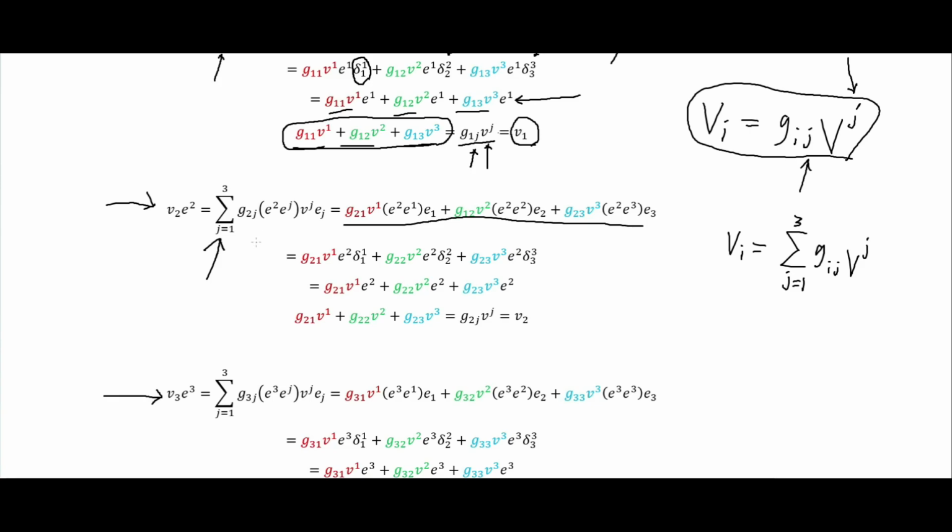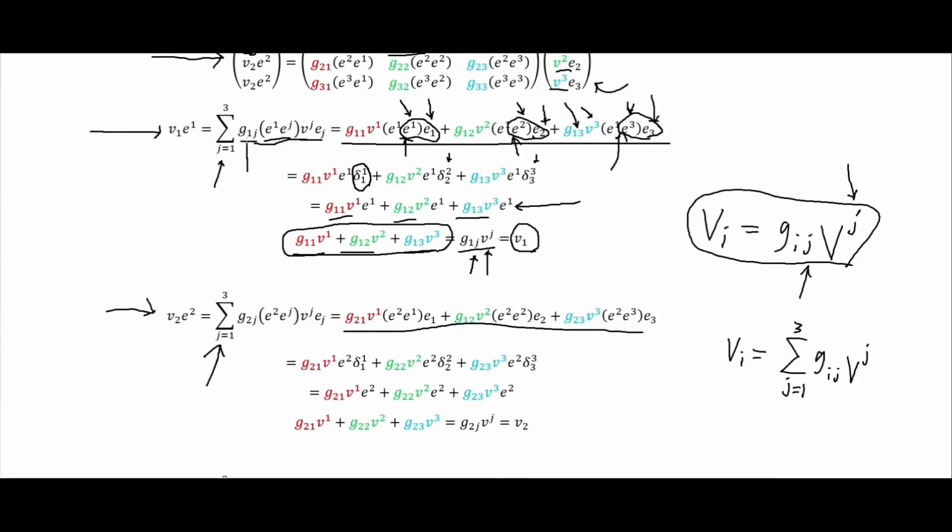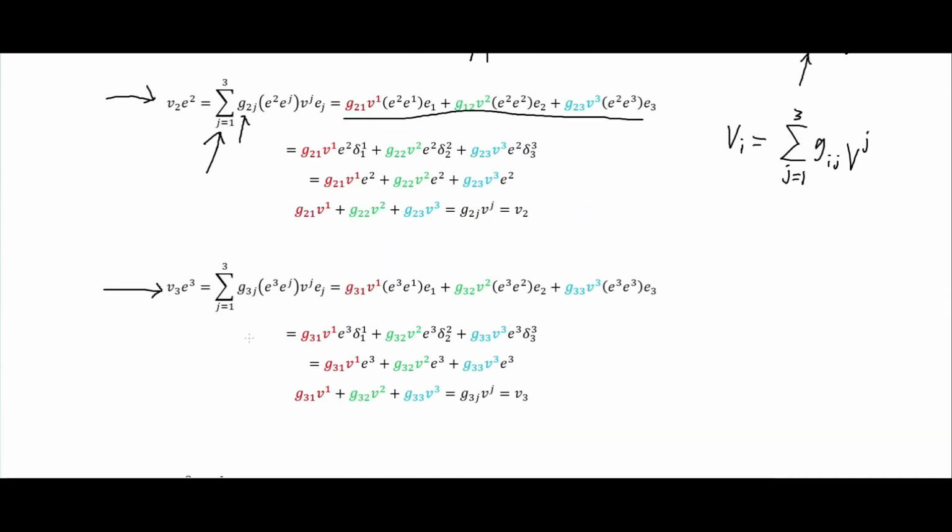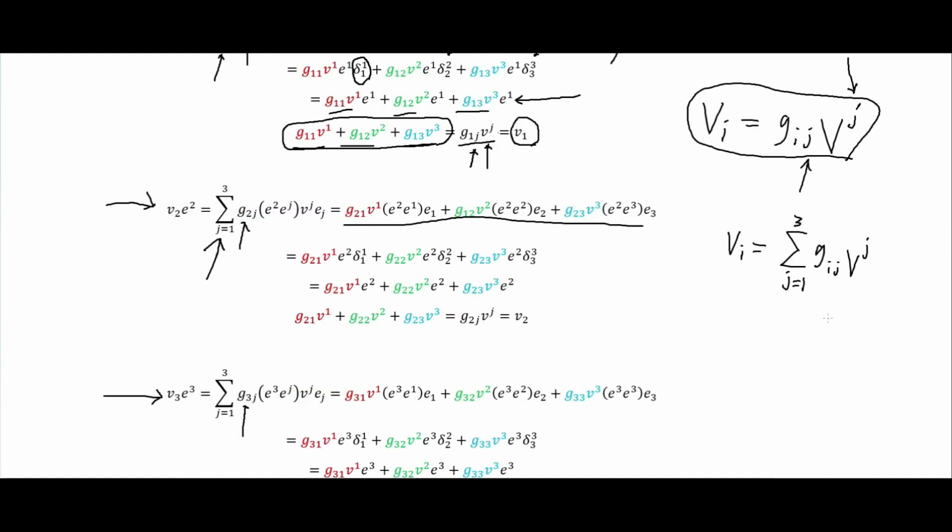And so we see on the first letter on these g's here, I have 1, then 2, and then 3, because we do a sum for each of the i's here on j, because we need one for each i here, because we need a summation for each component of our new vector.